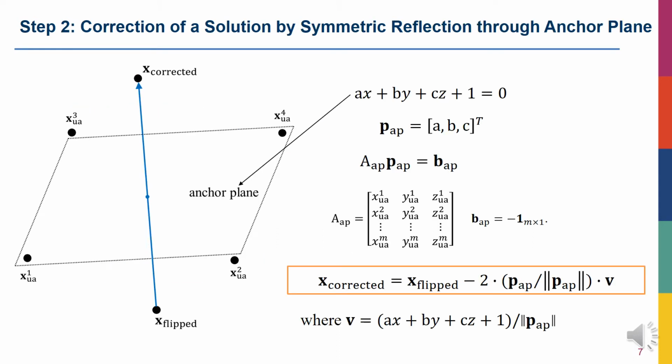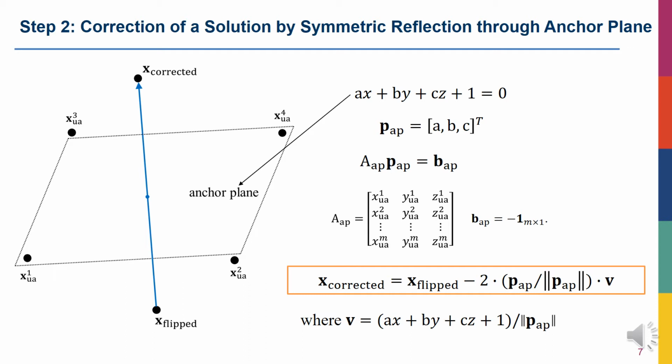Step 2 is resolving flip ambiguity. To resolve the flip ambiguity, we assume that XS1 is flipped when the height of the UAV is negative. By this rule, XS1 is classified into flipped or non-flipped. X flipped is corrected to a new solution X corrected, while X non-flipped is moved to the next step without further corrections.